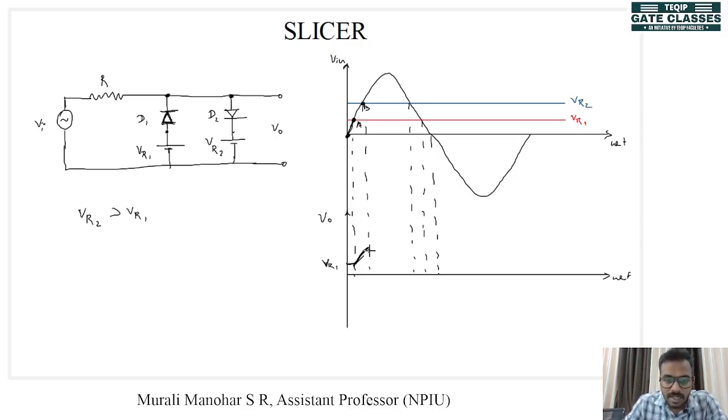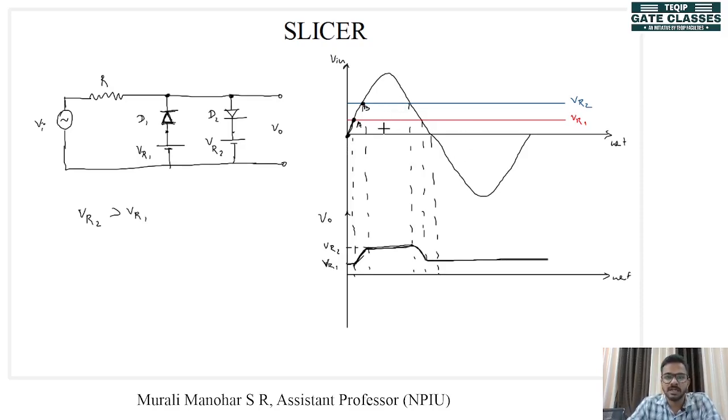So what will be the output? It is clamped to VR2. Okay. Then again below VR1 the output will again be VR1. So this repeats every cycle. So this is a slicer.